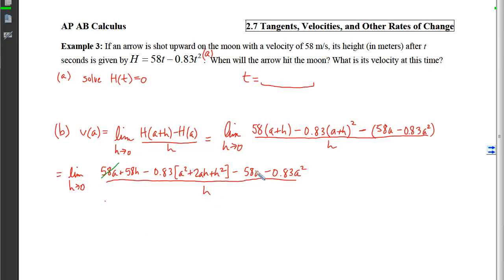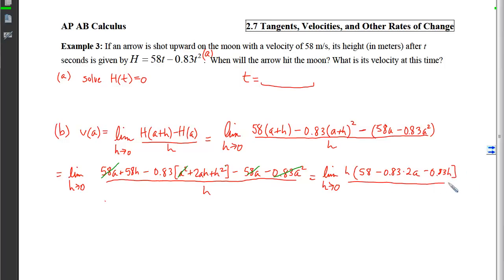So there's the 58a, here's the 0.83a squared. And it looks like we have left things that have h's in them. So we should be able to cancel that h out, and we'll get an h times 58 minus 0.83 times 2a minus 0.83 times an h, and that's it.